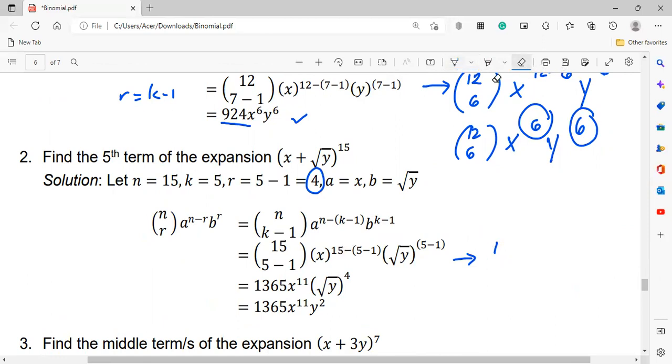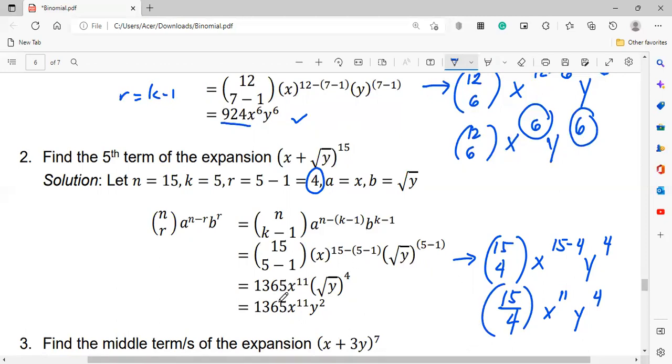15 taken 4 or 15 choose 4, x raised to 15 minus 4, y raised to 4. Or sa madaling salita, if y is already raised to 4, then you just need 11 for x para makompleto ang 15.